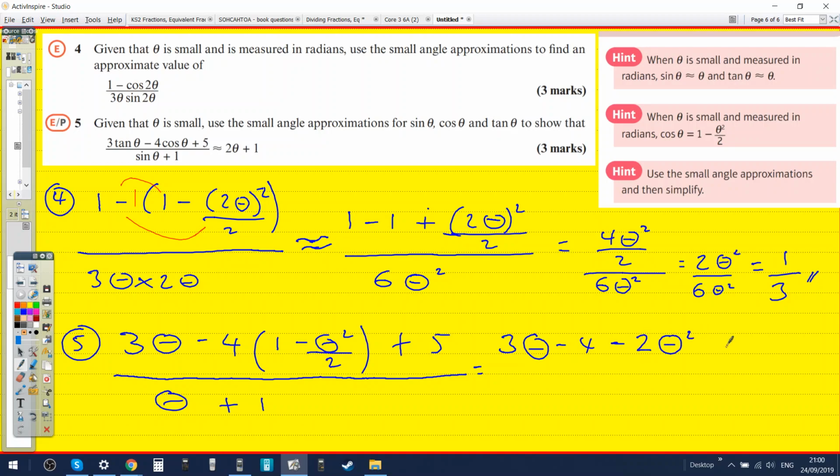And then you expand that bracket to make it 16 theta squared? Only the theta is squared, so it just becomes 4 theta squared. You're not squaring the 4, you're just expanding out the 4.